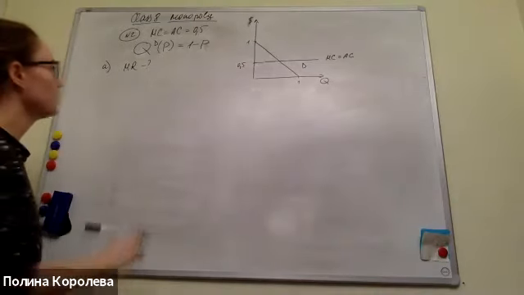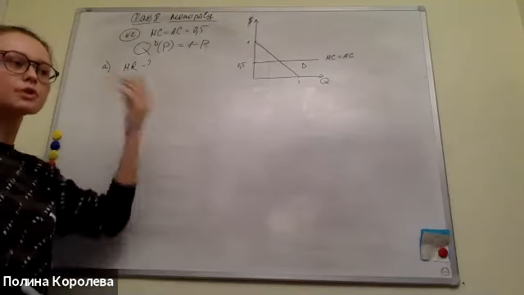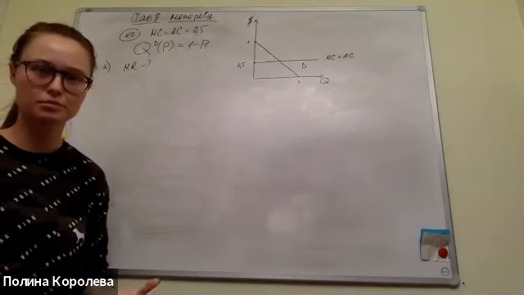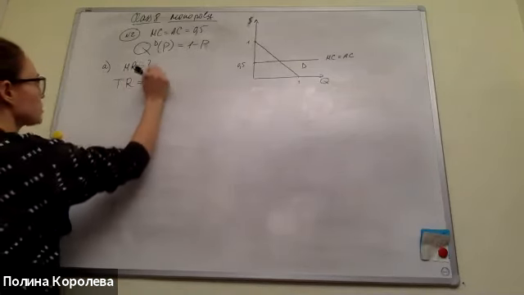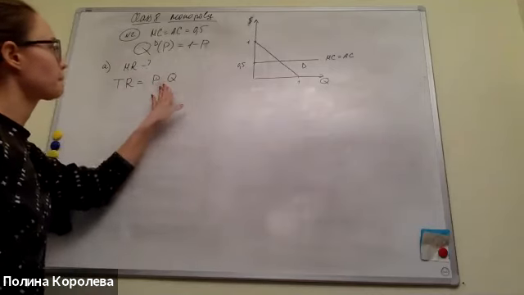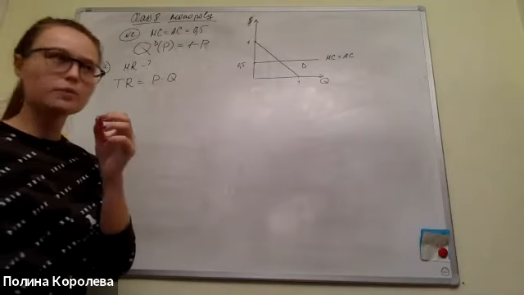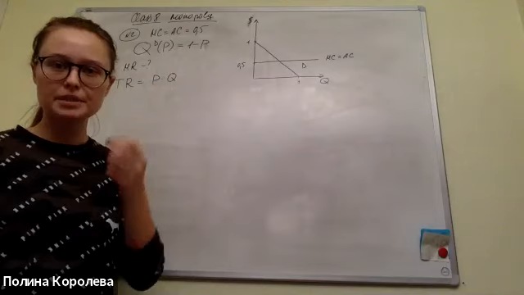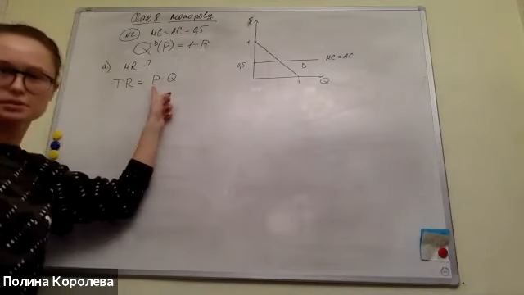Okay. We should find marginal revenue. To find marginal revenue, we should find total revenue. Total revenue, you remember, is price multiplied by quantity. But when we spoke about perfect competition, for each perfectly competitive firm, price was constant.